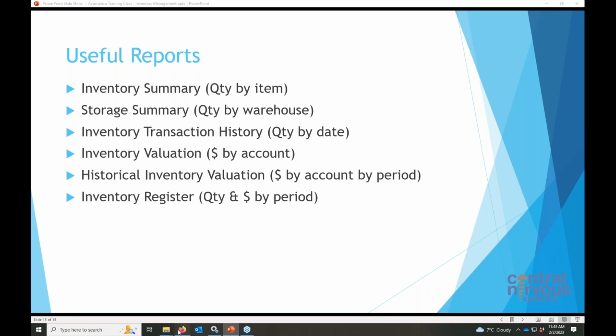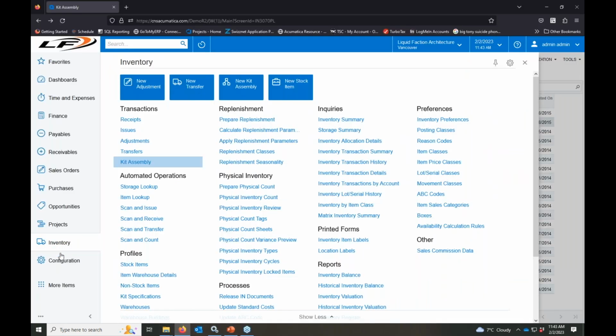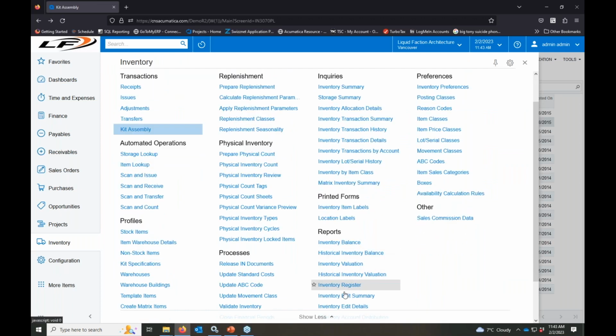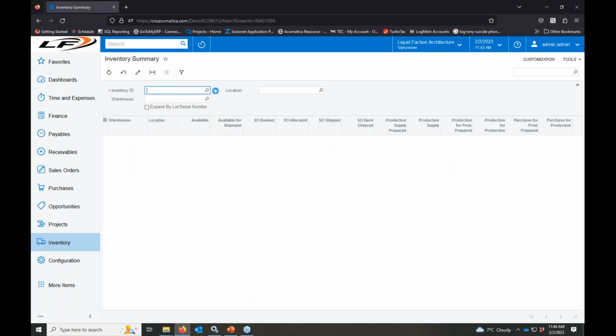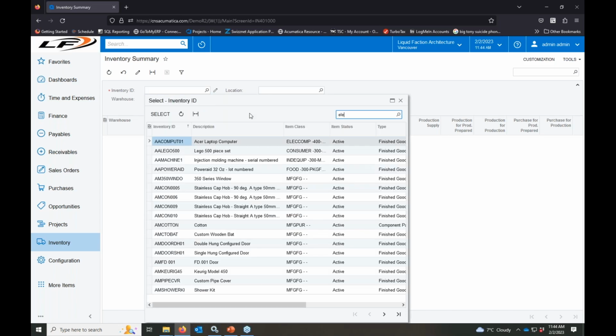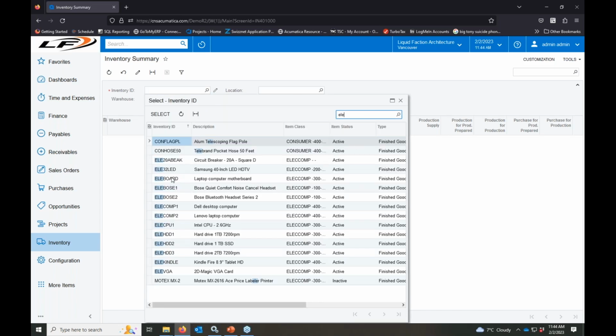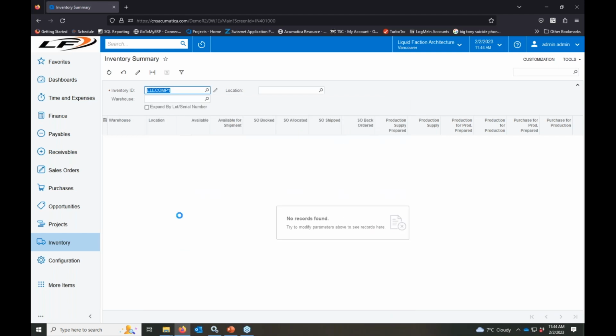So let's have a look at Acumatica. We've got these options here. We've got reports down here, and we've got inquiries. So inventory summary, which was one of the ones that we went through. We can look up that Dell desktop.